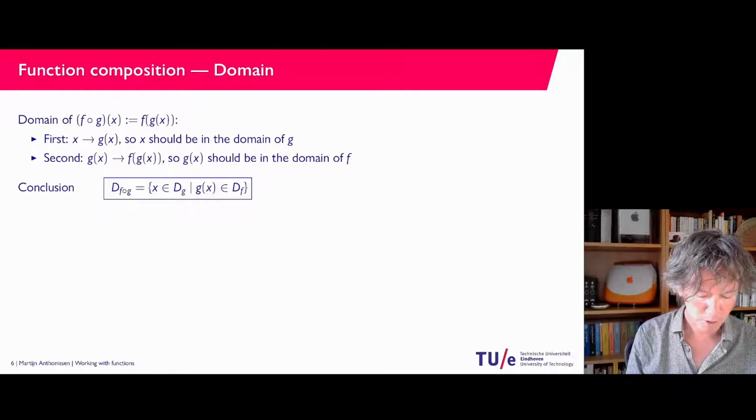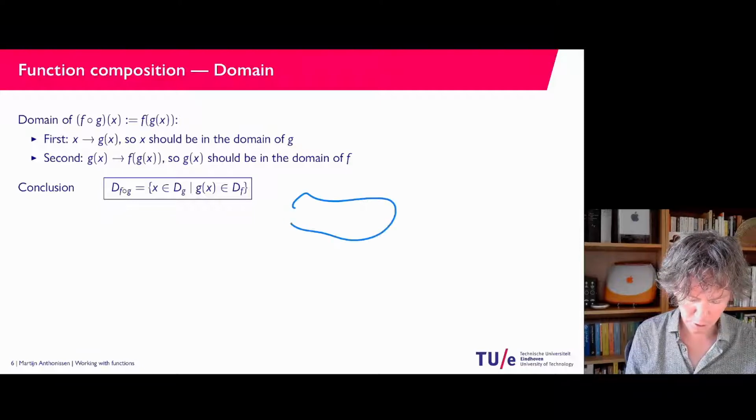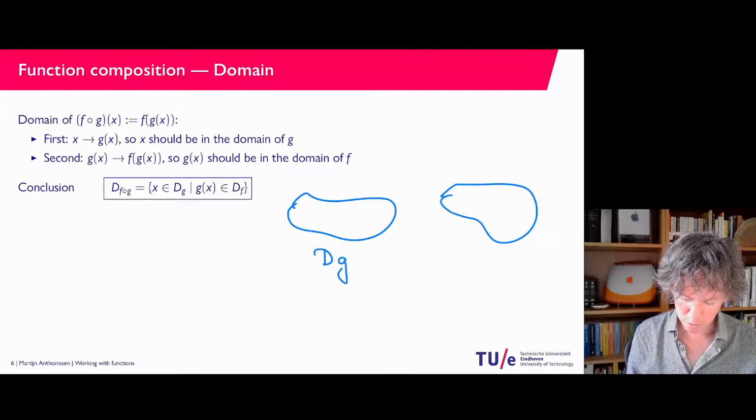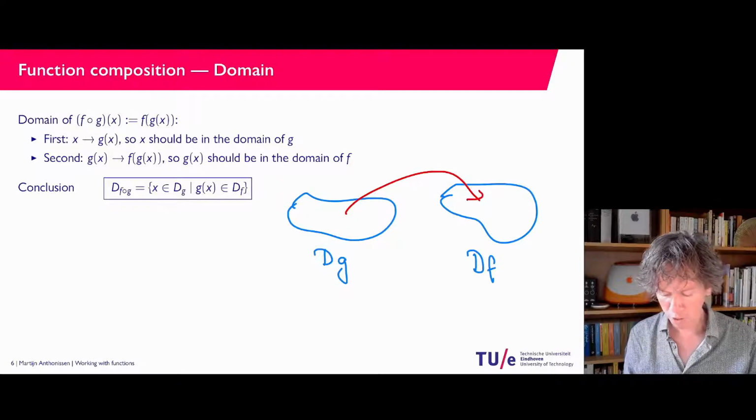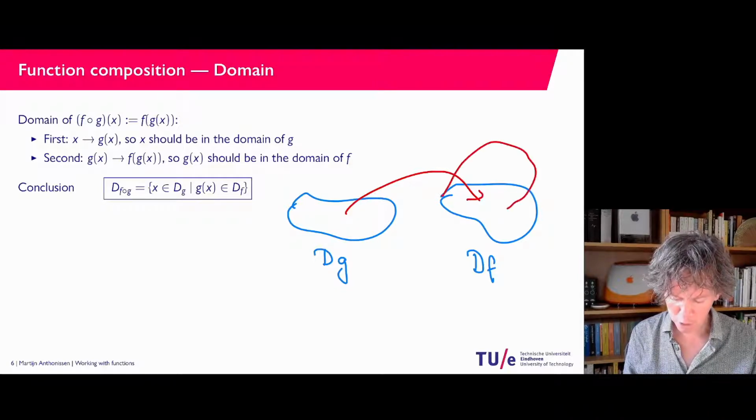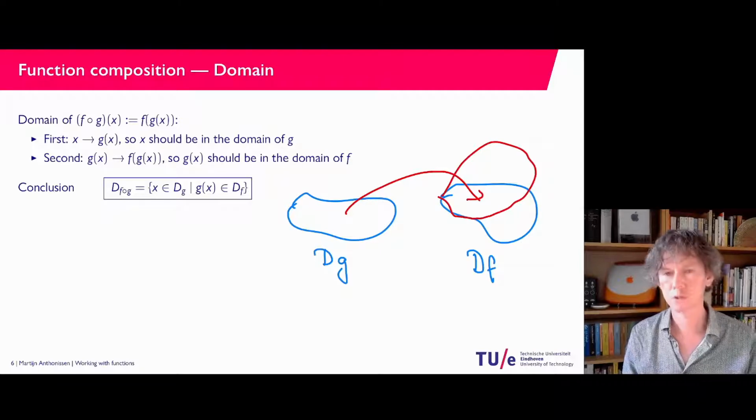So what that means is that we have this collection here, D_g. We also have the collection D_f. And if we apply the function g, probably we're going to end up somewhere here, but maybe the range is something like this collection.